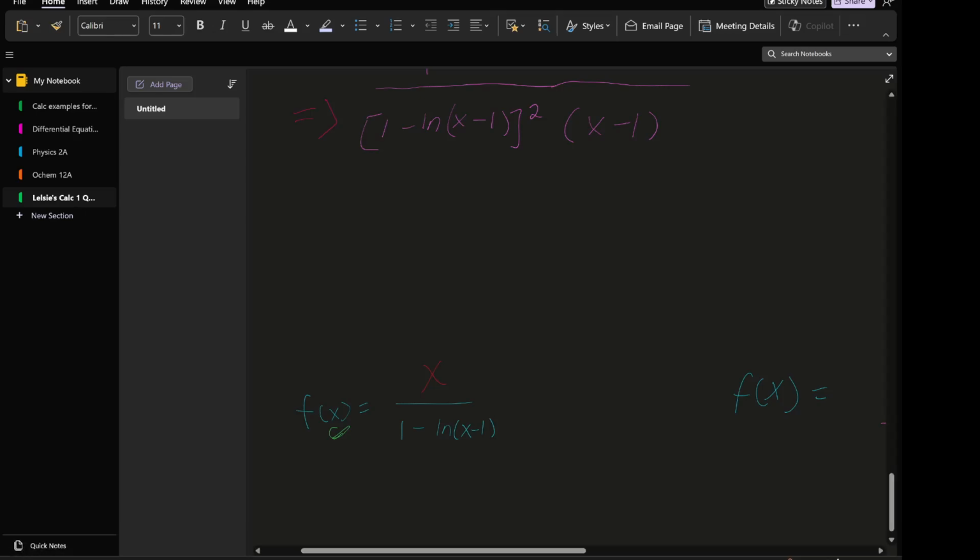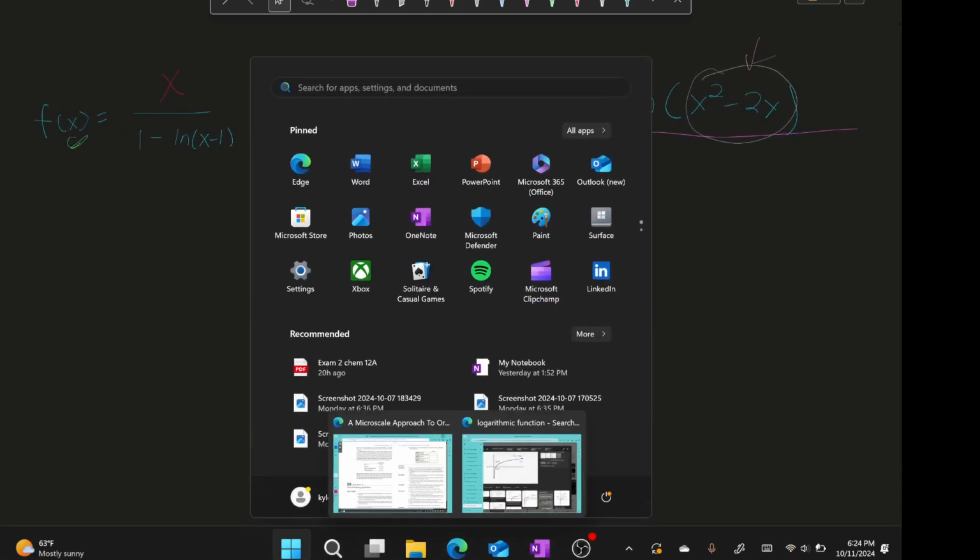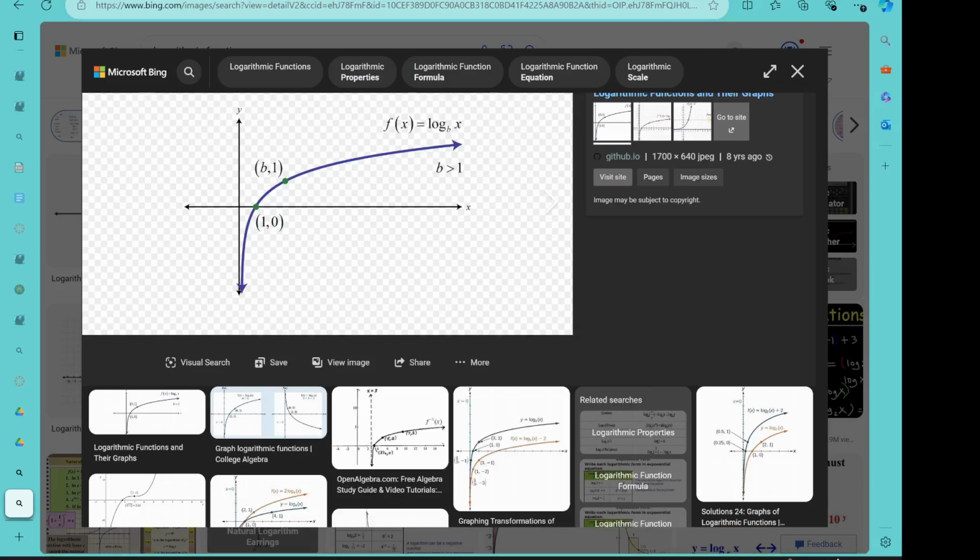All right, so we have these questions asking us to differentiate these logarithmic functions, but also define a domain for the logarithmic functions. And so the first thing we're going to do is look at the graph of a standard logarithmic function, right?